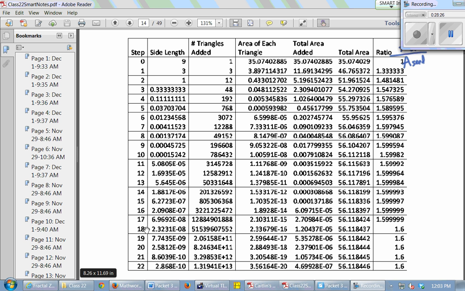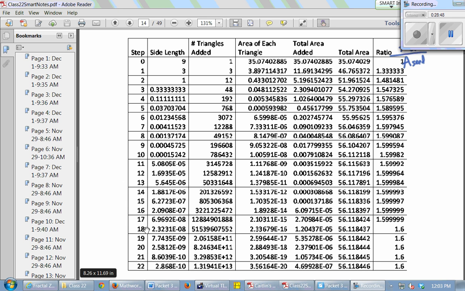Then about 52 to 54, a jump of 2 units, a jump of 1 unit, a jump of a half, a jump of 2/10, a jump of 1/10, right? So my area at each step is growing, but it's growing by smaller and smaller amounts.